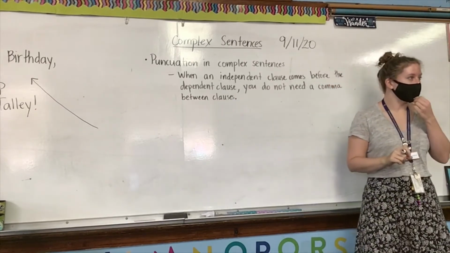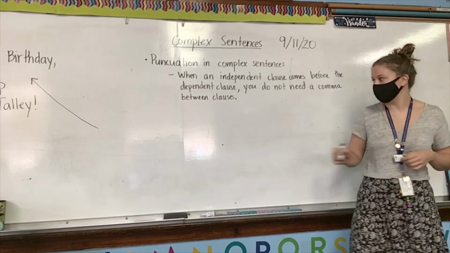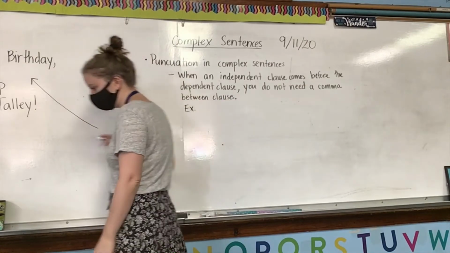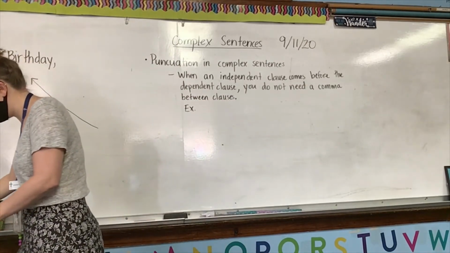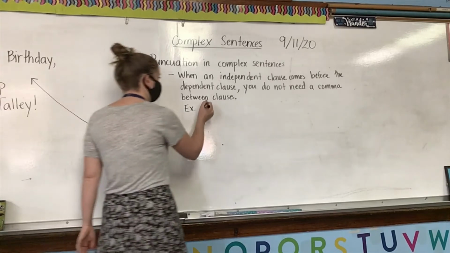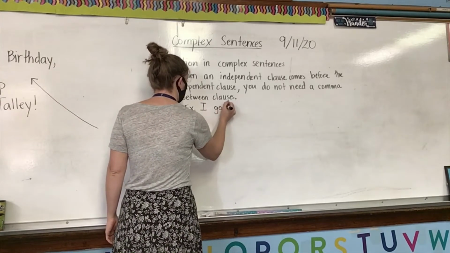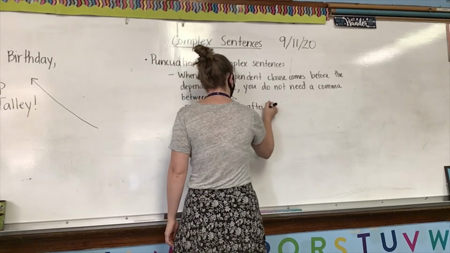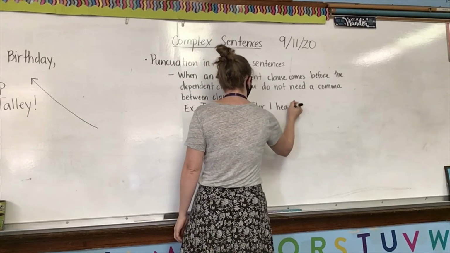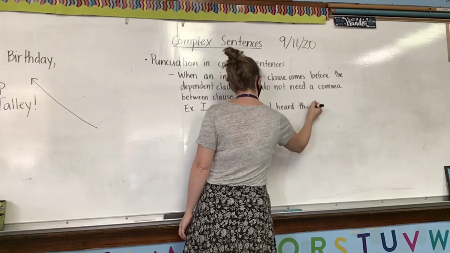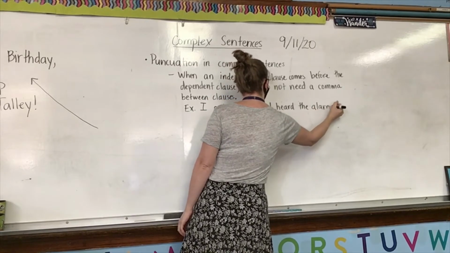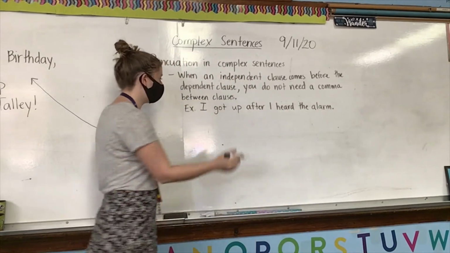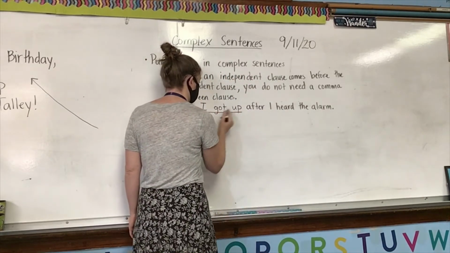So that means your sentence would not start with a connecting word. For example, I got up after I heard the alarm. We have the independent clause, I got up.